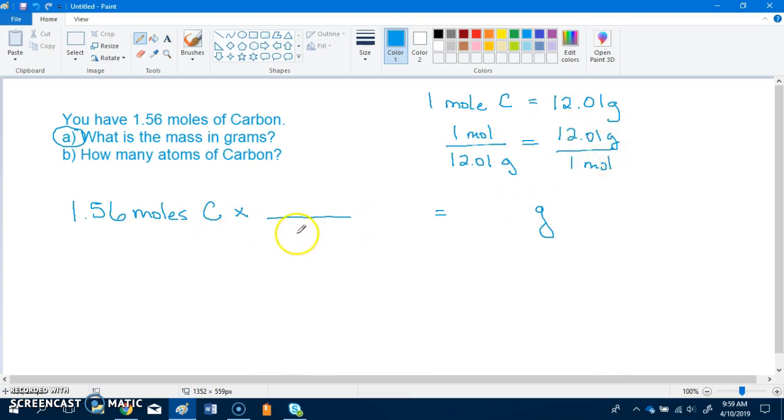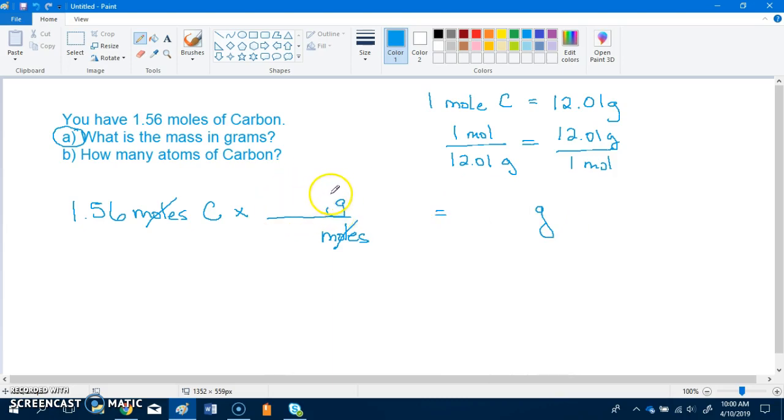Well, what we are going to put on the bottom has to be the one that will cancel out the moles so that we're left with grams. So whatever we put on the bottom has to cancel out this. So that means we're going to put grams on top. So another way to say it is that whatever we want to convert to, which in this case is grams, also has to be on top of the fraction.